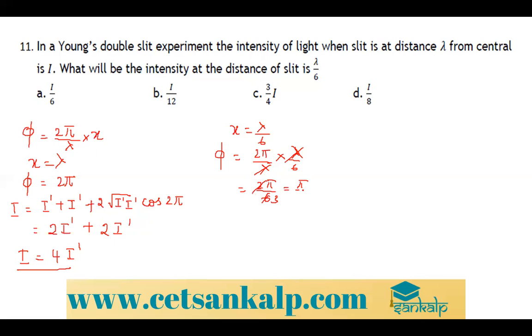It is pi by 3. ಸೊ ಅದನ್ನ ಸಬ್ಸ್ಟಿಟ್ಯೂಟ್ ಮಾಡ್ತೀನಿ. ಈಗ I1 ತಗೊಂತೀನಿ is equal to same I dash plus I dash plus 2 root of I dash into I dash cos pi by 3. So cos pi by 3 is nothing but 1 by 2 ಆಗುತ್ತೆ. So it is 2I dash plus 2 into I dash into 1 by 2. So 2 and 2 get cancel. ಇದು 3I dash ಬರುತ್ತೆ I1.